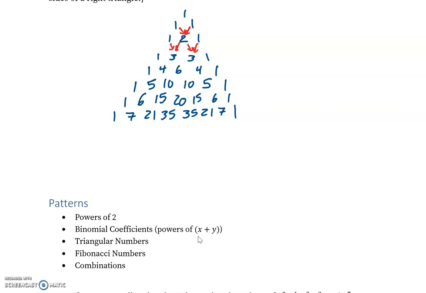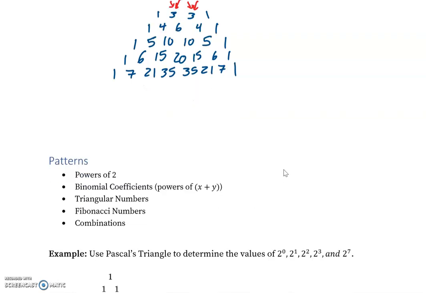So this is a really common thing we do. We do things like x plus y to the 5th, x plus y cubed. You can also change these. You could say a plus b, or you could say x plus 7, or any kind of thing with 2 terms. Triangular numbers we can look at, Fibonacci numbers, which we have already looked at, and also combinations, which we looked at much earlier in the course.